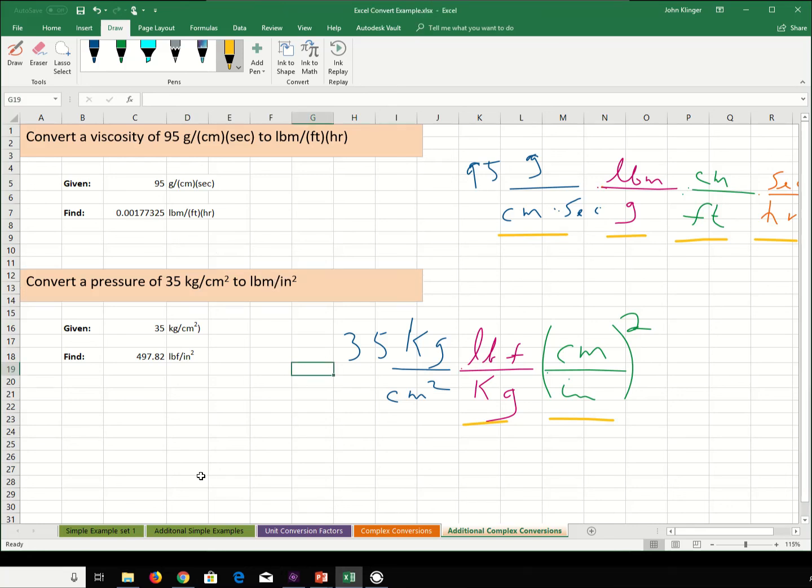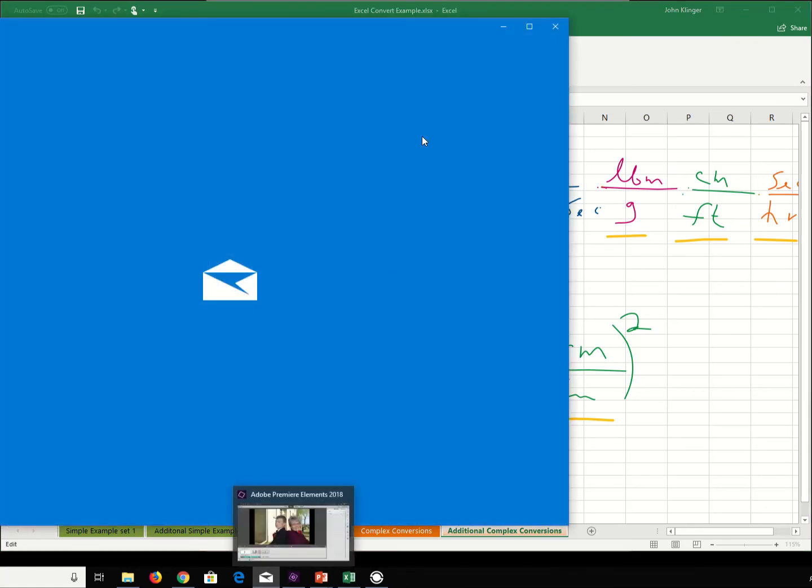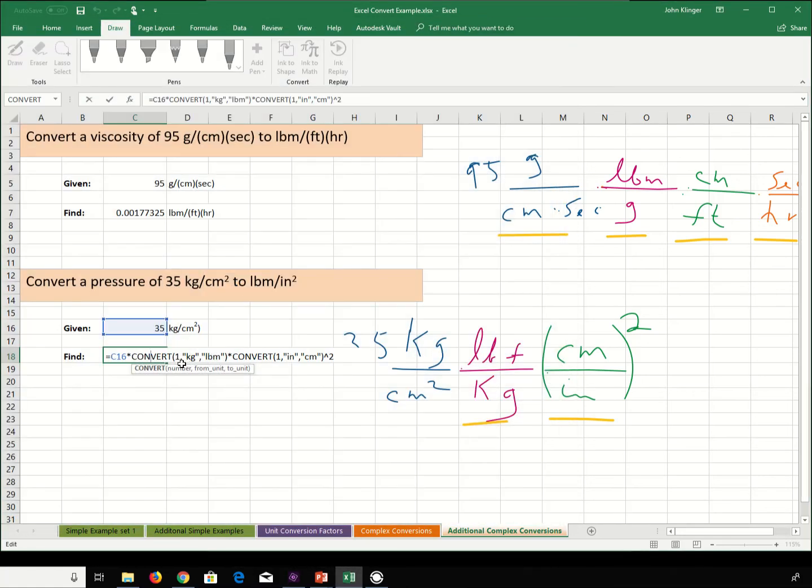Okay. So that's how you do it. So this shows us the first conversion factor. If we check our work again, the second unit is the kilograms. The third argument is pound mass.